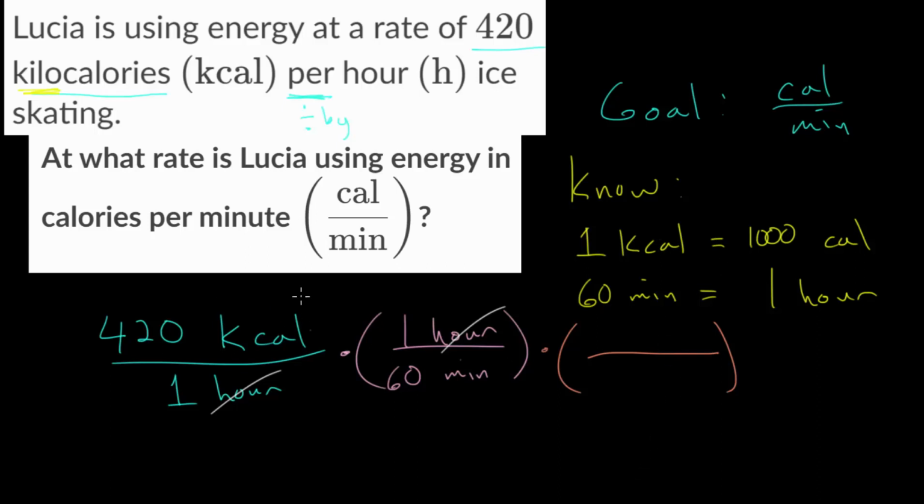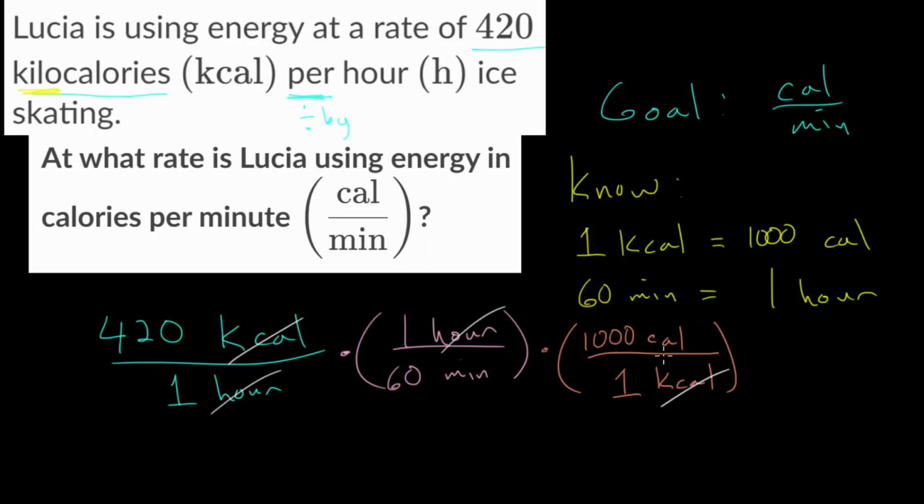And since it's currently in the numerator and we want to cancel it, we want to put it in our denominator. And that way we have kilocalories divided by kilocalories, which of course is 1, and they will cancel each other out. And we'll put our 1,000 calories up top, and we can see these units will now cancel. And notice we end up with calories up top and minutes down below, which is our goal. That's exactly what we want.